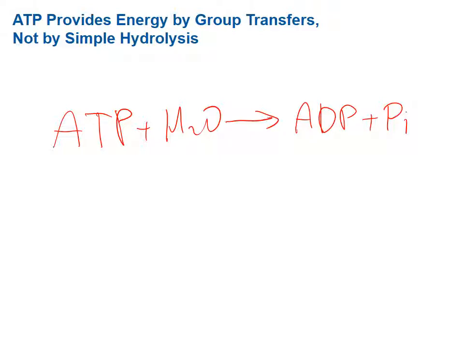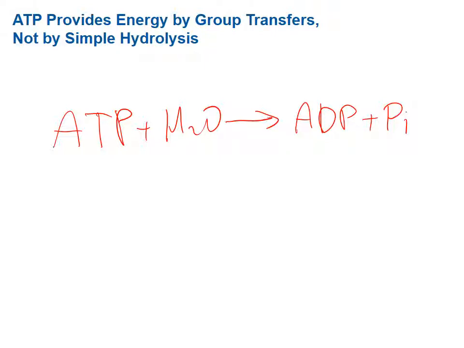This is simple to see and understand that this is a hydrolysis of ATP, but how does this reaction drive chemical processes forward? Well, in reality, the ATP provides energy by actually transferring a group rather than a simple hydrolysis of itself.